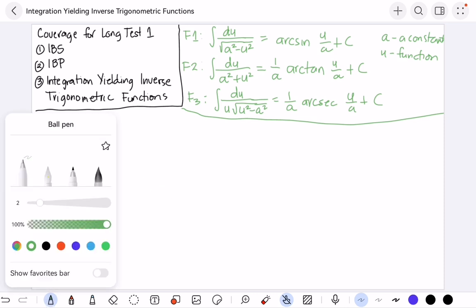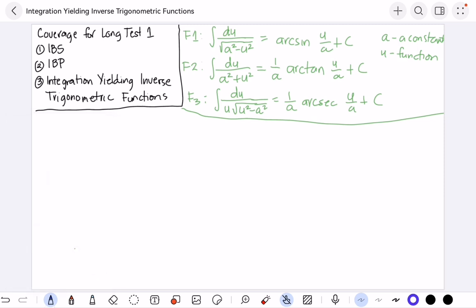Example number 1. Integral of x over the square root of 9 minus 4x to the 4th dx. We cannot use formula number 2 because if you look at the denominator, it contains a radical, and the formula does not contain a radical.